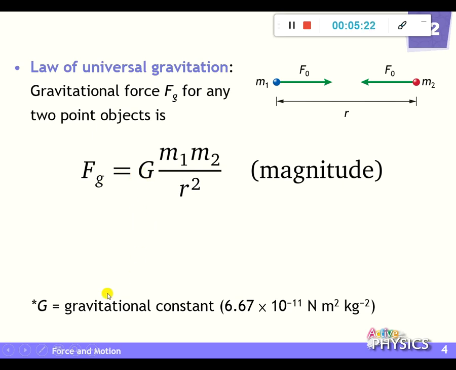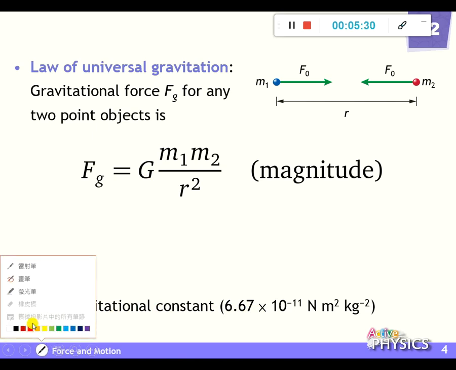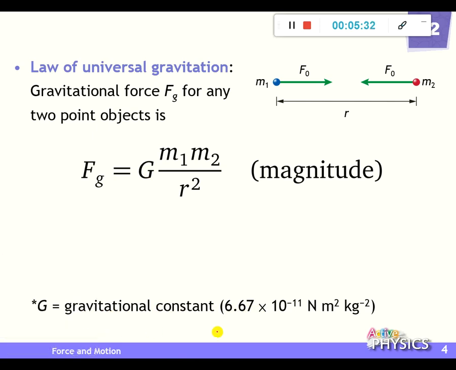Newton found that the value of it is very small, about 10 to the power of negative 11. Of course, you need not remember it, you just need to know that it is a very small value. Because it is very small, the product of these two masses should be quite large.